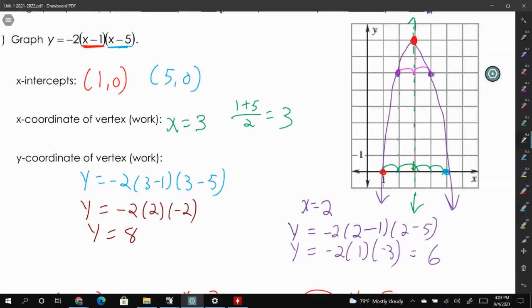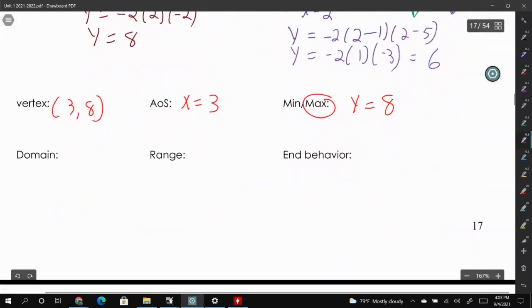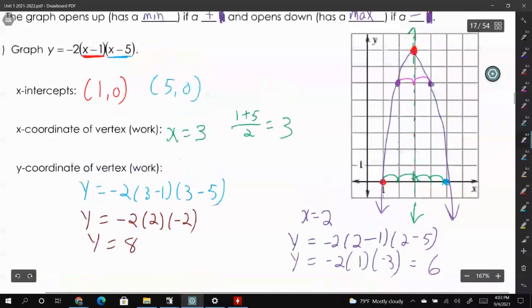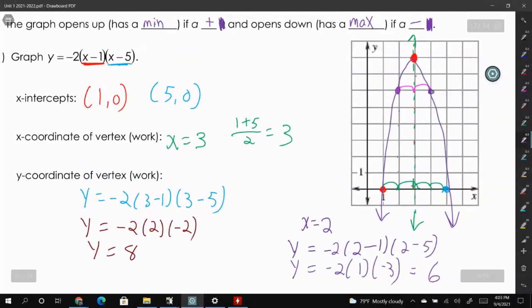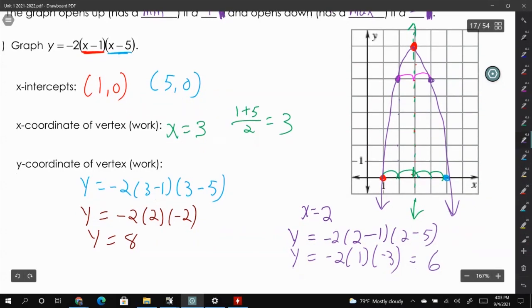And now we can answer the domain, range, and end behavior. Domain is always going to be negative infinity, comma infinity for these quadratic functions. Range, our y value: our parabola is open downward, so the smallest y value is negative infinity, and the largest one will be the y coordinate of the vertex.